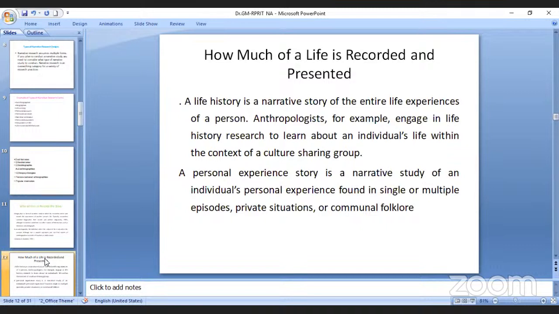So anthropologists are always looking at the cultural background of the individual.